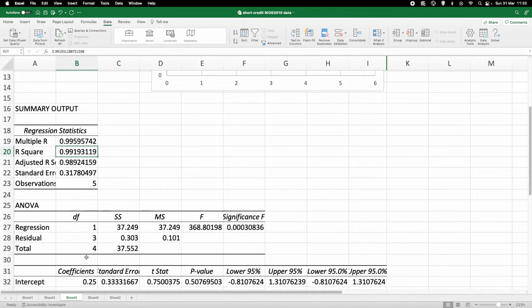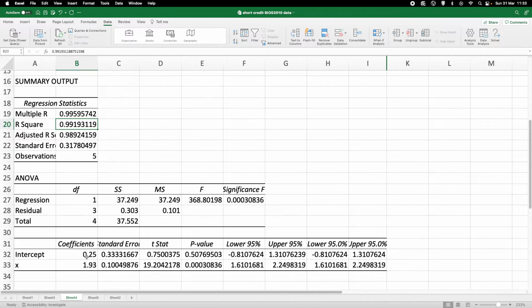We get the ANOVA information about the whole thing, and most importantly what we see here is the p-value, and this is the p-value for the gradient.